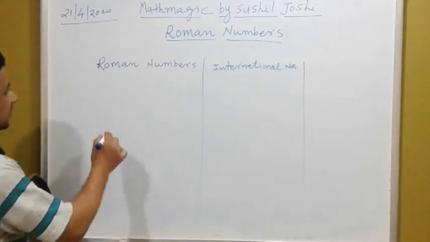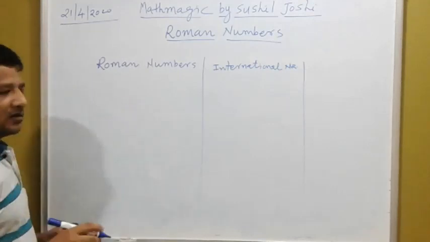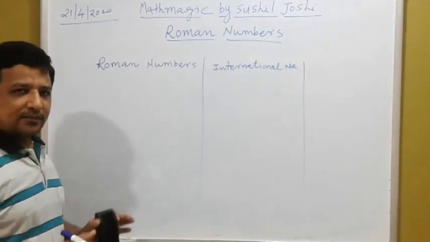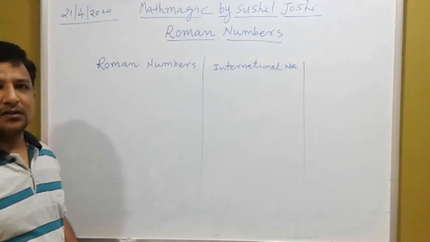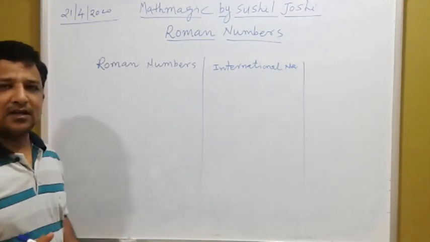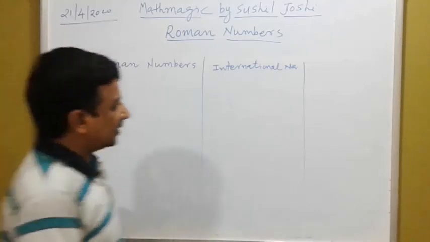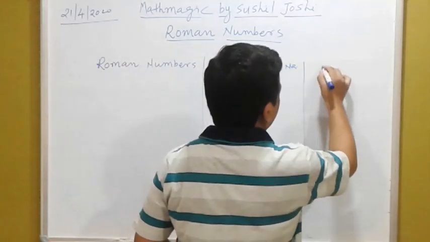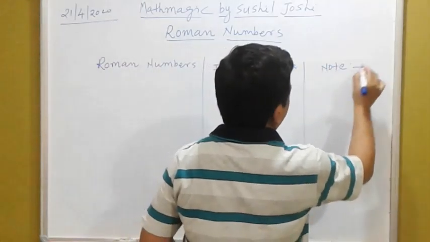The first column is for Roman numbers. Always remember that we use different alphabets while denoting the numbers. I write a note here.